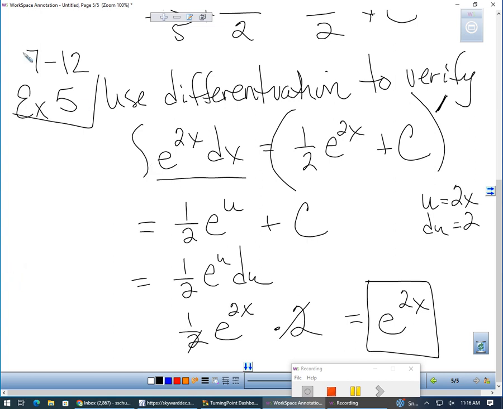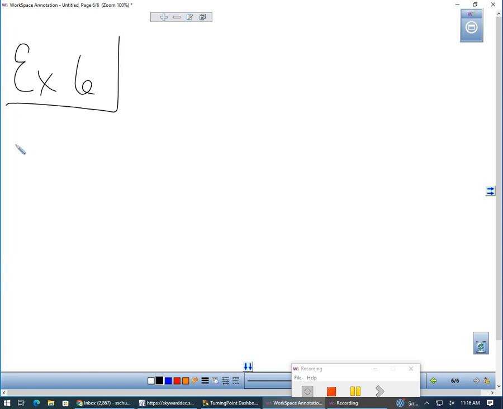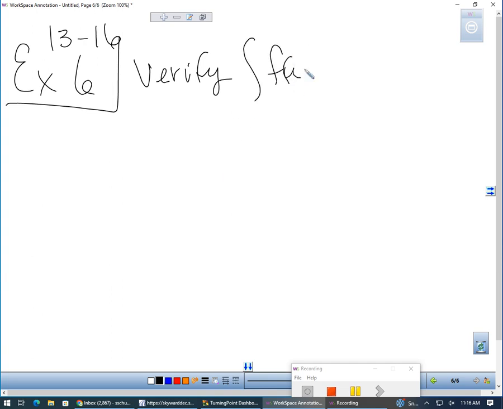All right, example number 6. Example 6 is your 13 through 16. All right, so in this one it says verify that the integral of f of u du is not equal to the integral of f of u dx.